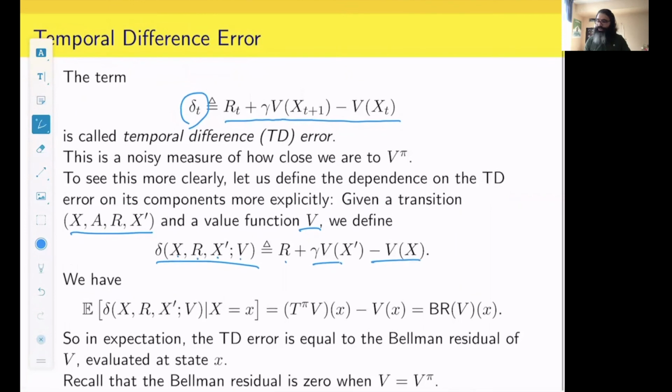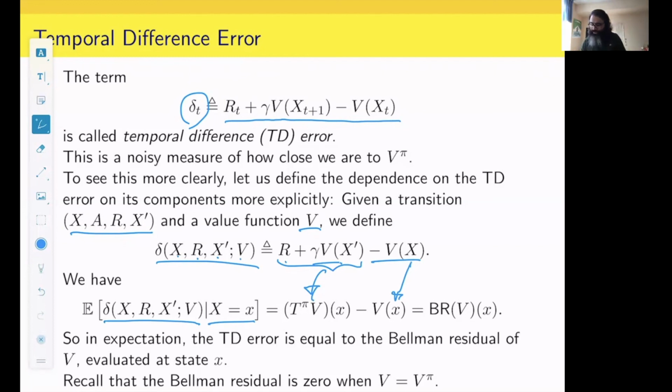If I compute the conditional expectation of it, conditioned on state x, as we have seen in a similar form, this part gives T^pi V evaluated at x, and this part is of course V of x. So the conditional expectation of TD error would be the difference T^pi V minus V at state x.